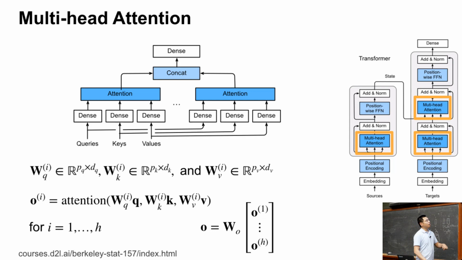For the i-th head, we project the query, project the key, project the values, and feed into a normal attention layer to get output Oi, which is the output of the i-th head. Then we concat vertically, because it's a vertical vector, and project by WO again to get the O we have. This is multi-head attention.